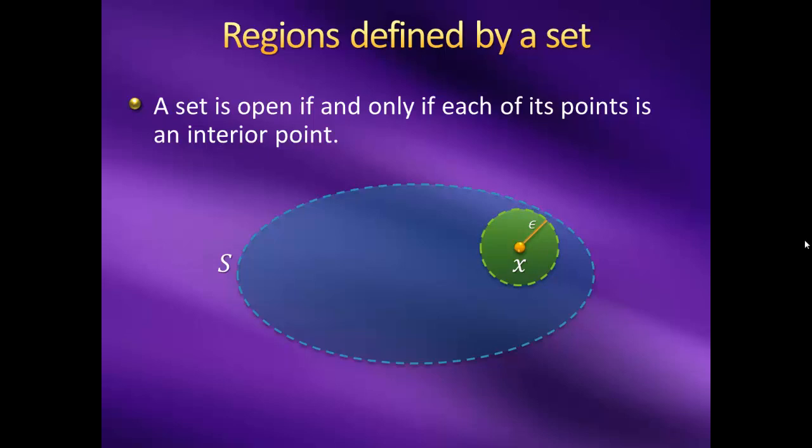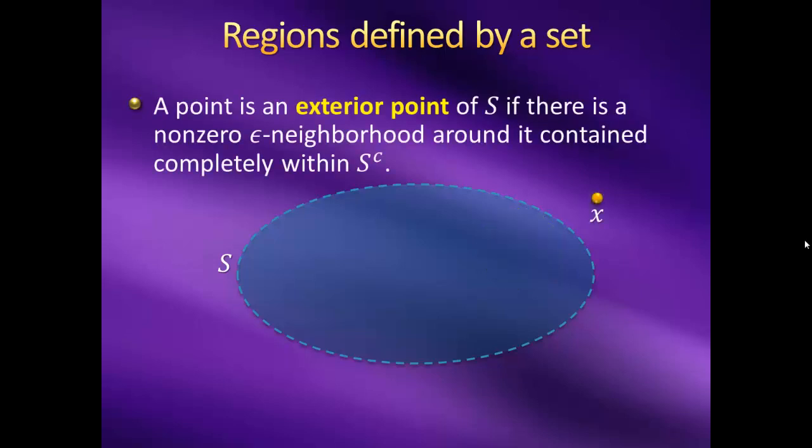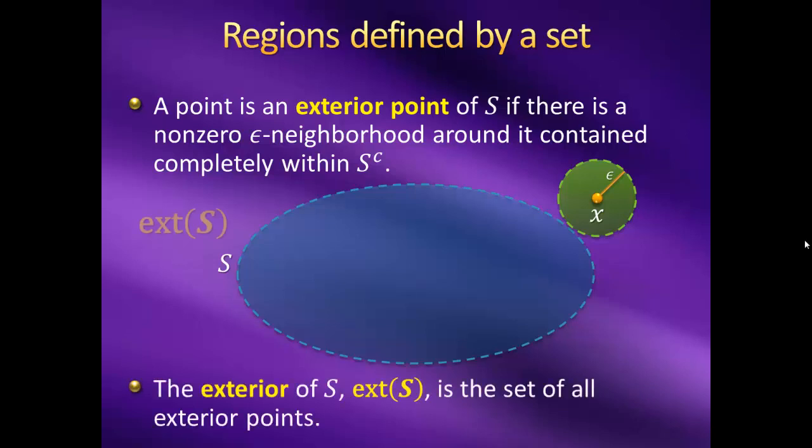Let's continue. A point is an exterior point of S if we can find a non-zero epsilon neighborhood around it that's completely outside the set. Or, as we might more precisely say, it's contained completely within the complement of the set. Then the exterior of the set, which we would write as ext of S, is just the set of all such exterior points.